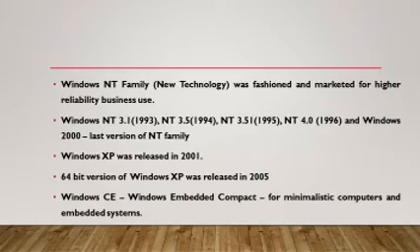Now we have the Windows NT family. So the Windows NT family means the new technology of Windows. The NT family of Windows systems was fashioned and marketed for higher reliability in business use.